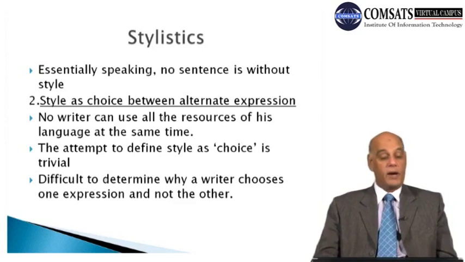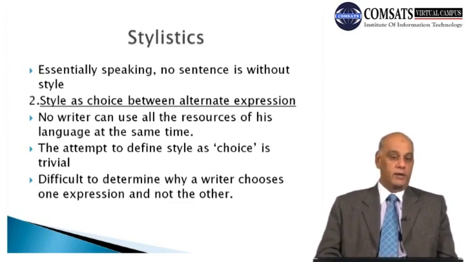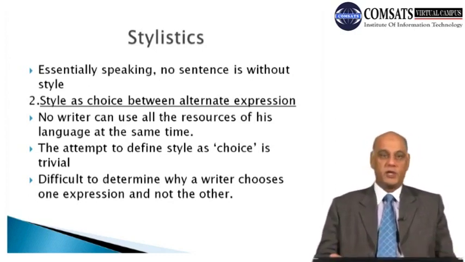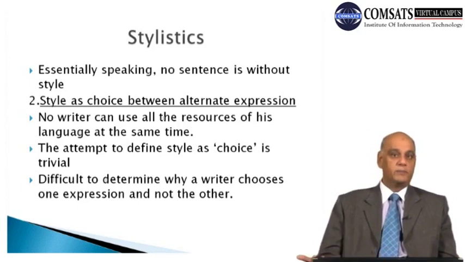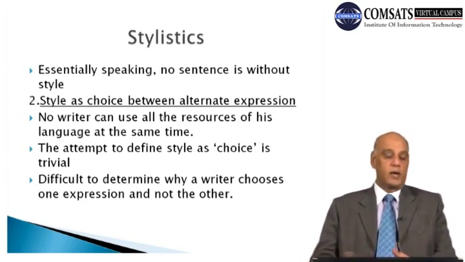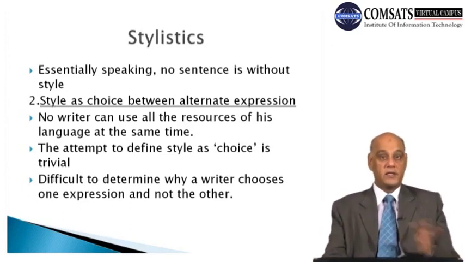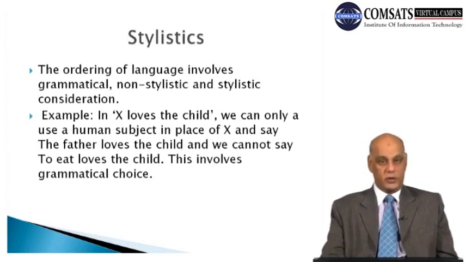It is difficult to determine why a writer chooses one expression and not the other. It's very difficult to see how the writer replaces words and how the writer doesn't use a particular expression for a certain thought and uses another expression for another thought. So it's very difficult because the choice is very difficult to consider.